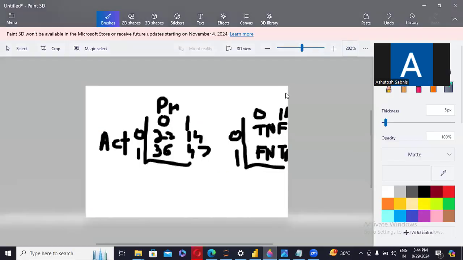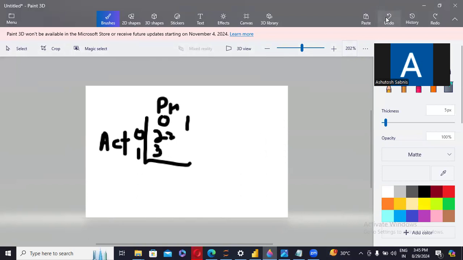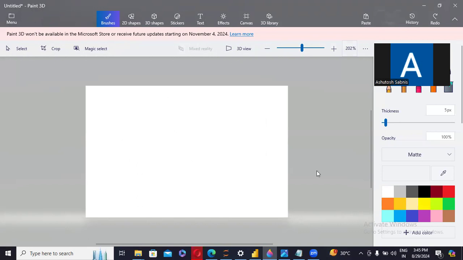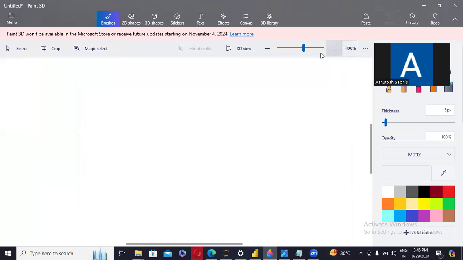Just let me open the paint window. Okay, so the sigmoid curve is like this. This is y.